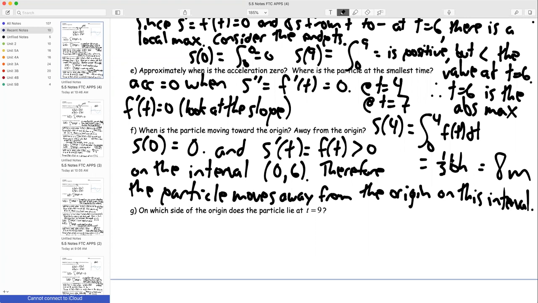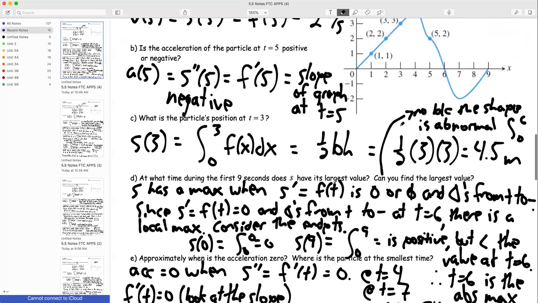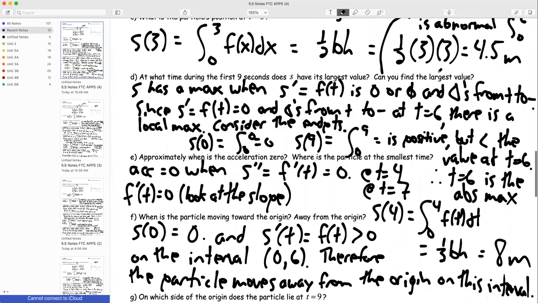So it starts at 0, and then for the first 6 seconds, the particle has a positive velocity because it's above the x-axis here. So it's moving away from the origin. And then at 6, what happens? It changes direction because the velocity is 0 and there's a sign change.